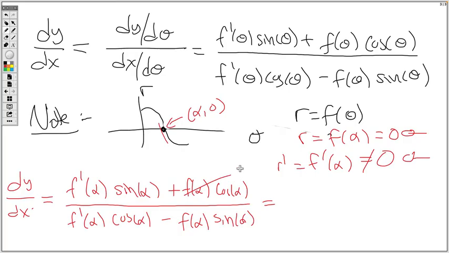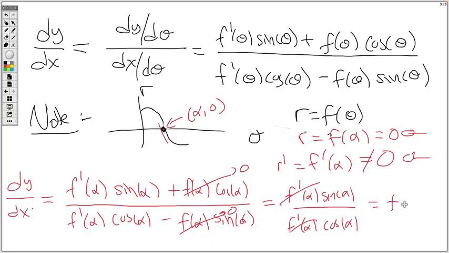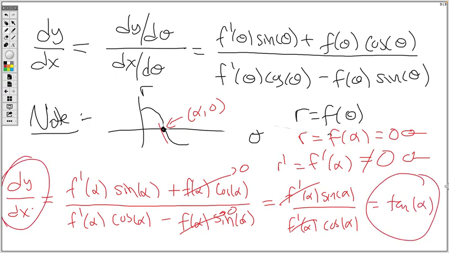So these terms will cancel out. And I'm left with f prime of alpha sine alpha over f prime of alpha cosine alpha. The fact that f prime of alpha isn't 0 means I can cancel these out. Sine over cosine is tangent. And so this tells me the slope of the tangent line at the origin is tangent alpha.